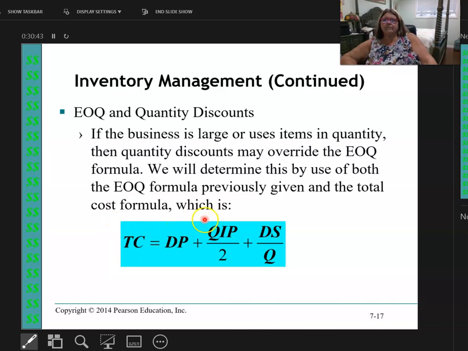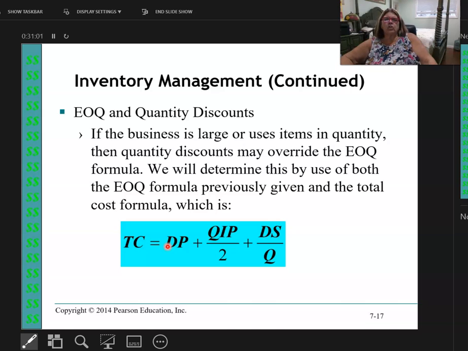So this one's, and I can't remember what the Q is, the quantity. So total cost equals DP, and all these things, you know what, guys, they're all on the previous slide. So I've got to go back to see what all this means.